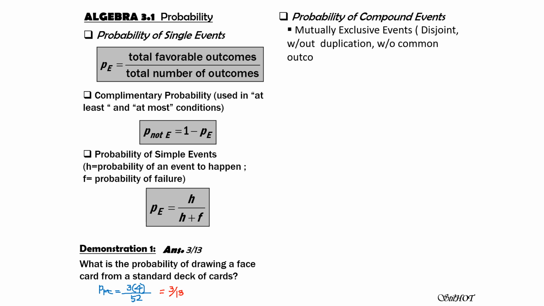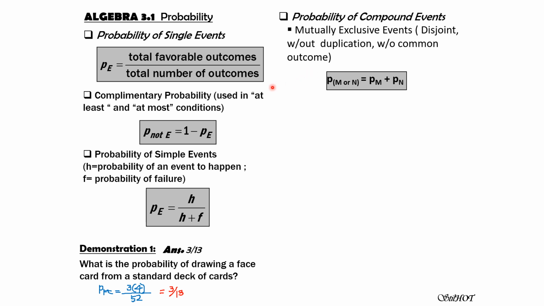The probability that event M or N occurs, the preposition or in mathematics is plus, is the sum of their individual probabilities. So P sub M plus P sub N. Take note that or means plus. So again, this or here corresponds to plus.